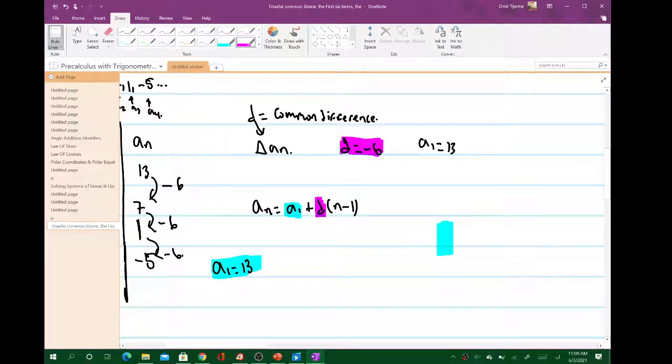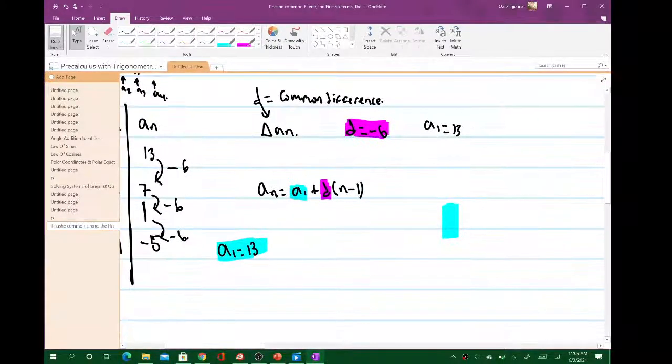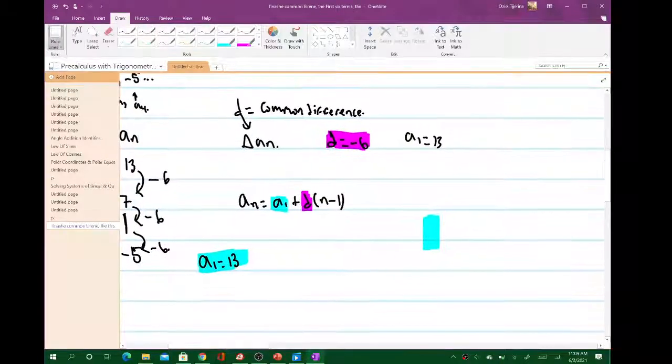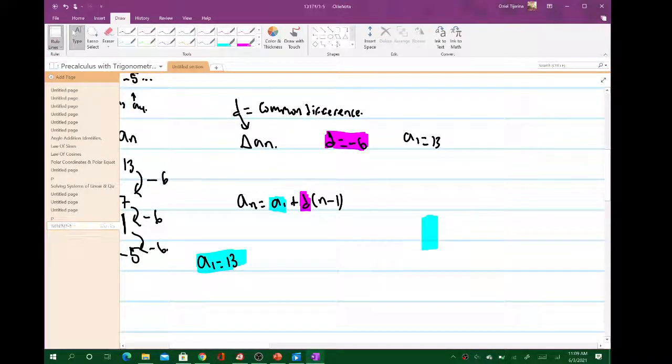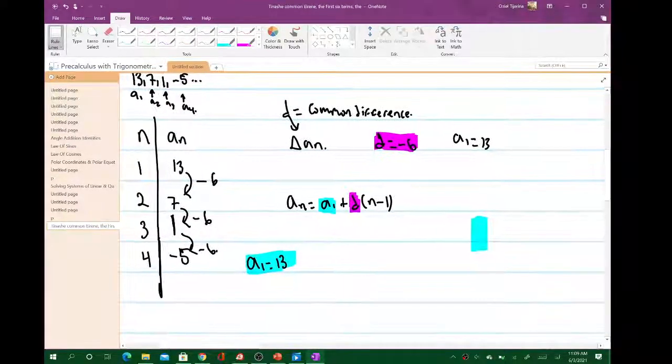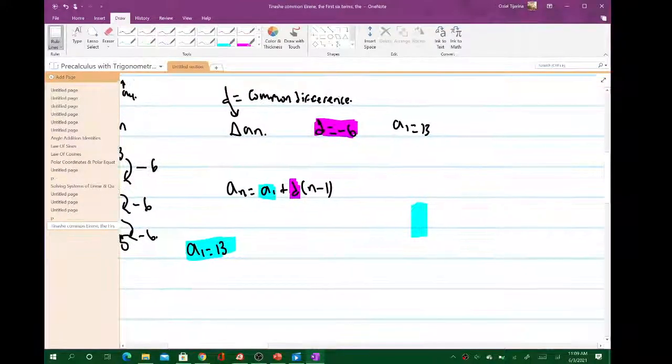For a sub n, that's kind of like y equals in a way. It's just a general formula, so we don't really have to know what n is, unless we were solving for n, but we don't have to do that in this case.